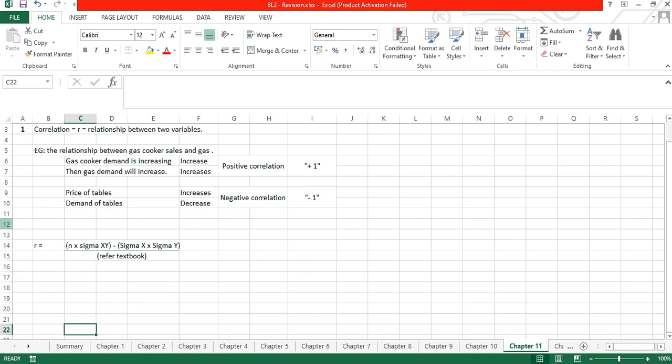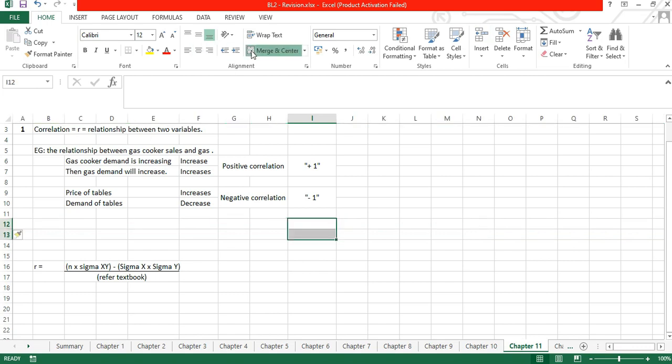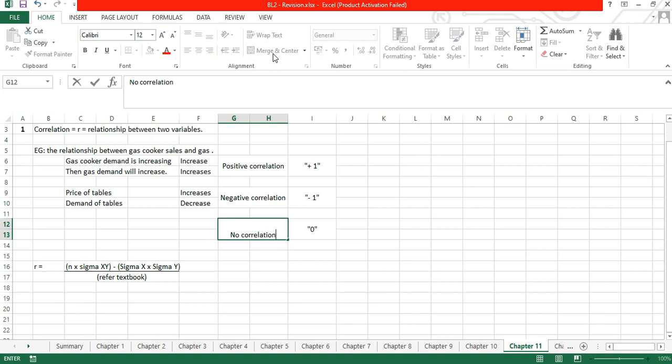And there's another situation where this R value will be equal to 0. That means what type of situation it refers to? It refers to no correlation. No correlation happens, such as between demand for books and the price of ice cream.